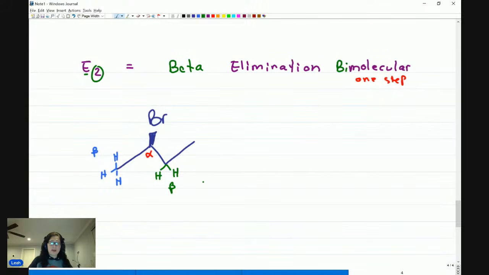I have my alpha and my beta. What happens in this reaction, first of all, just like last time, the bromine is pulling on the electrons between itself and carbon, making it very partially negative, and the alpha carbon very partially positive. But, and this is where the elimination reaction is different, instead of getting attacked directly, when bromine pulls on the electrons between itself and carbon, other atoms nearby are going to be pulled into this.